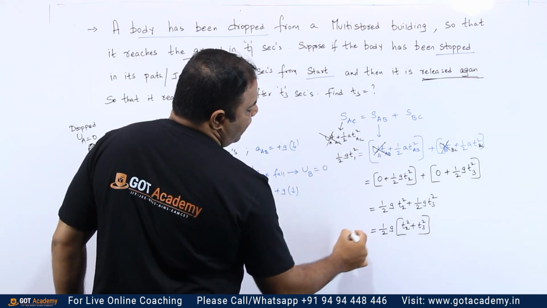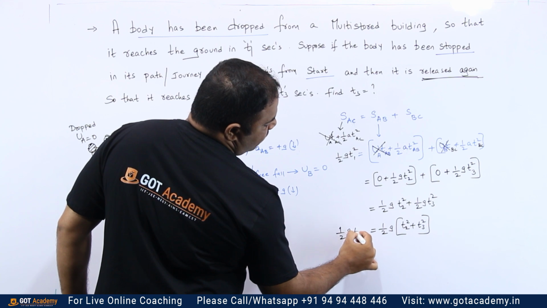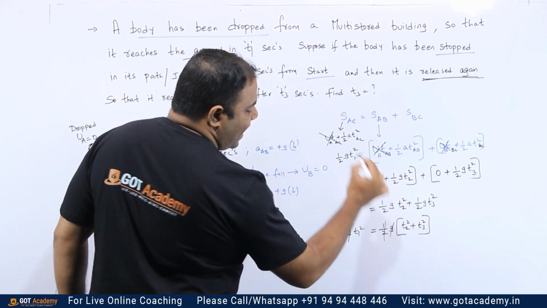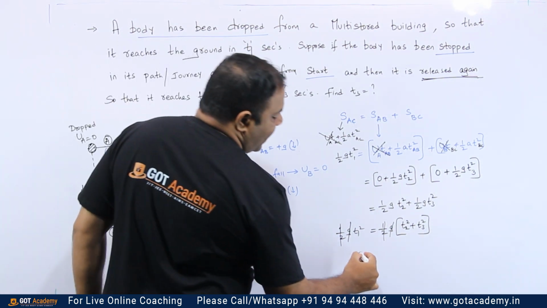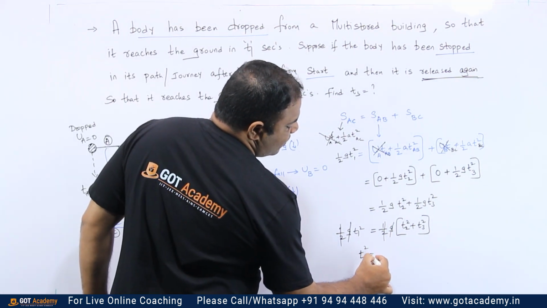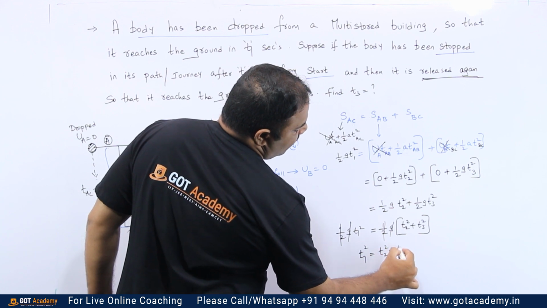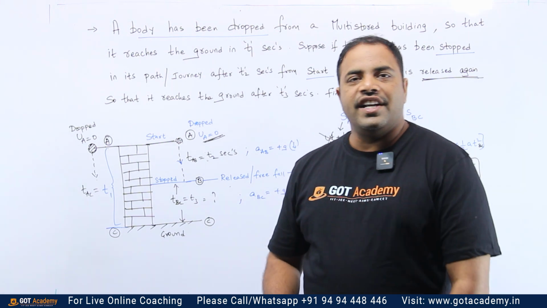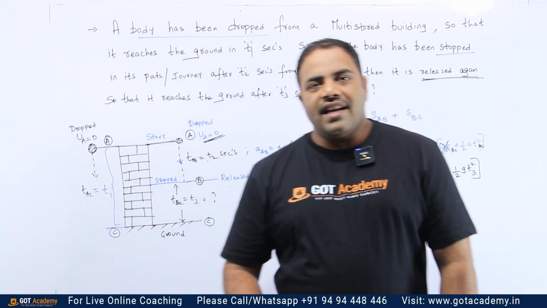The same thing coming here: half g into T1 square. So half cancels, g cancels. The remaining part is T1 square equal to T2 square plus T3 square.